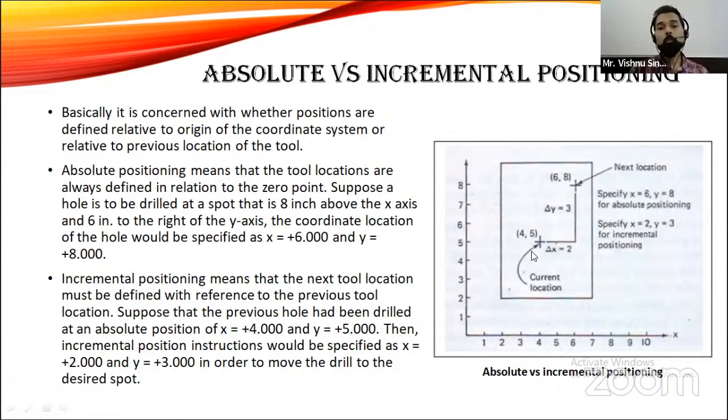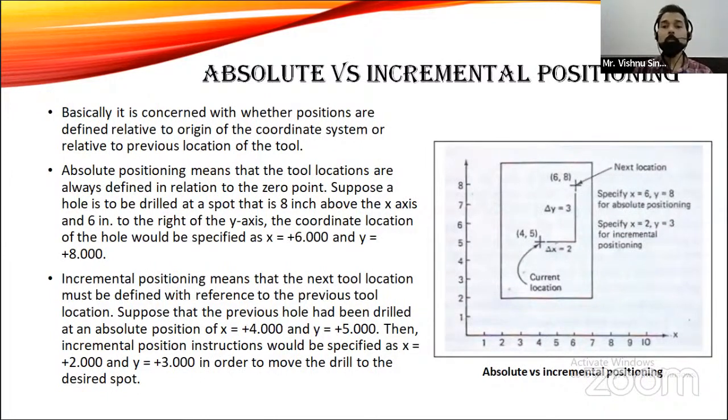Now suppose my tool is moving in the incremental case, I have programmed my machine for incremental positioning. In that case, I will not give x6 and y8 because we are already at x4 and y5. What we will do is just add the coordinates that need to be added to move to the next position.